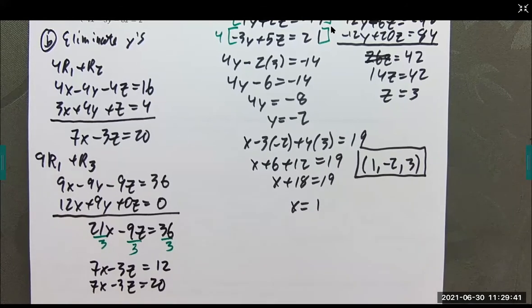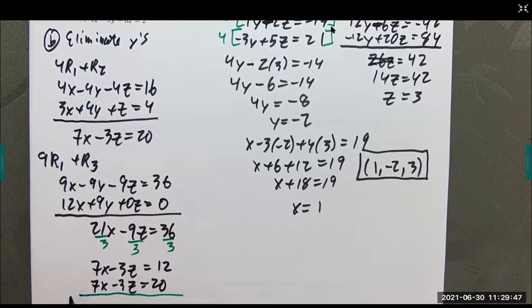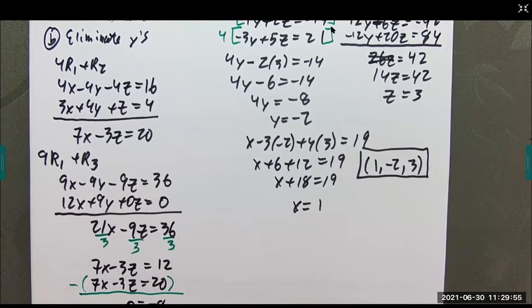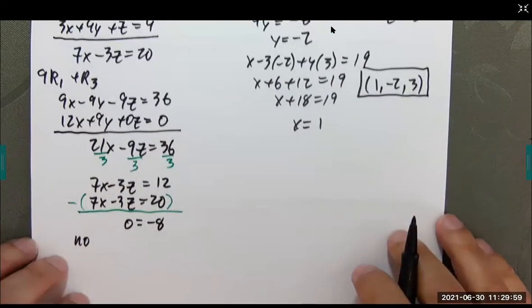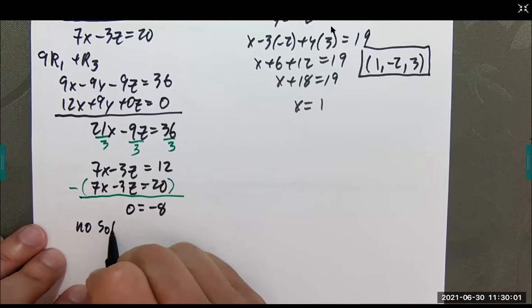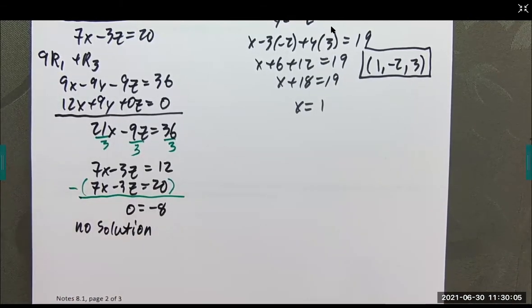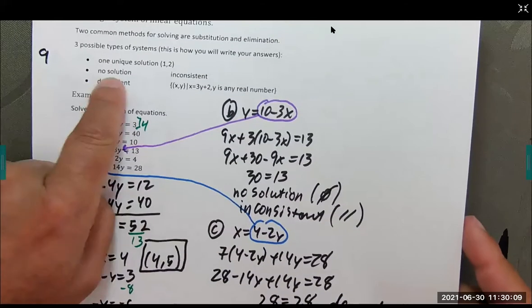Now, that is a problem. Let's subtract these, and we'll notice that we get 0 equals -8. So this is what we, again, we say there's no solution. And we say that they are inconsistent. So no solution, inconsistent.